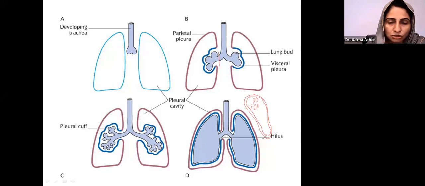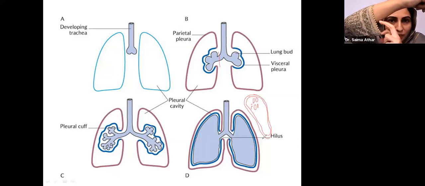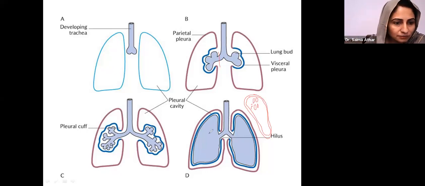This whole structure which is covering the root of the lung like a cuff, okay? This is the cuff, right? Like a cuff, this pleura, and this is the root of the lung. This structure is the lung, this is the root of the lung, and this is the cuff. Just imagine that the lung is covered like the cuff of a sleeve. Okay? So this cuff of pleura is termed the pleural cuff. But remember that this pleural cuff is quite wide. Now the pleural cuff which extends downward, we call it the pleural ligament. Are you getting my point?